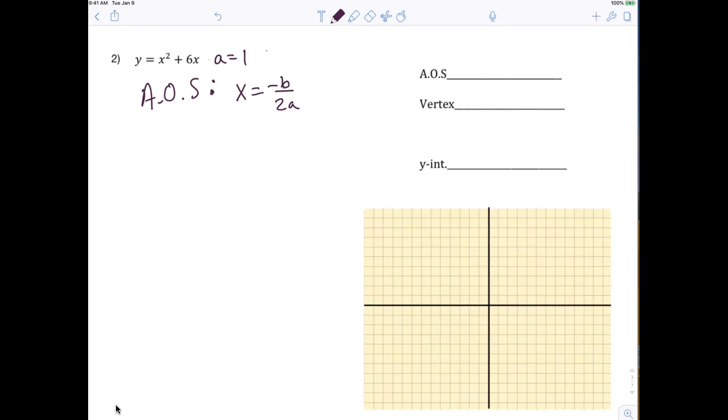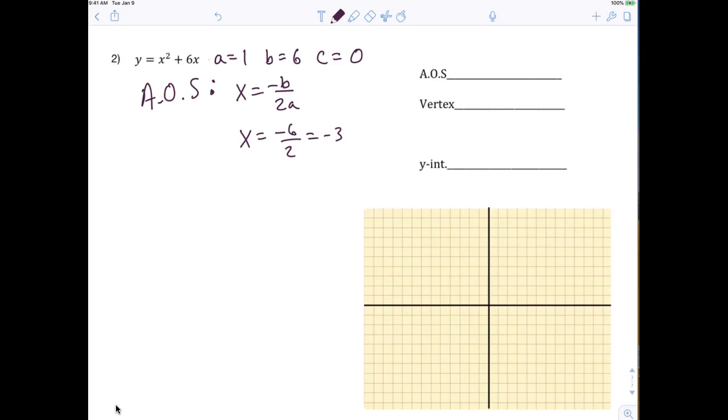Good. 1. B is equal to what, guys? 6. Thank you. And C is equal to what? 0. Very good. Okay? So that's A, B, and C. So now X is equal to negative 6 over 2, which is equal to negative 3.